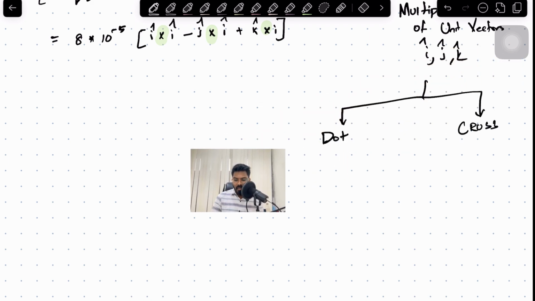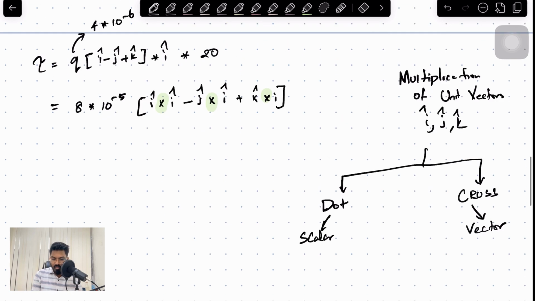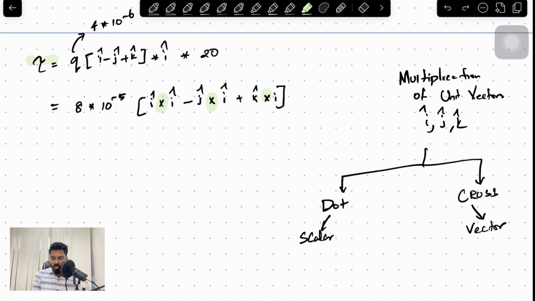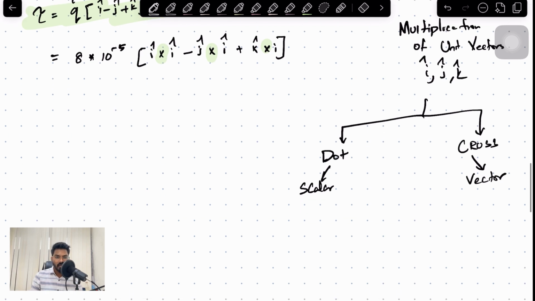A dot multiplication would give you a scalar quantity, and a cross multiplication would give you a vector quantity. In this case though, we are concerned with a vector quantity because the product which I get should have a direction. It should tell me the direction in which the torque is acting. So as a result, this is a vector quantity. So I'll be using cross.